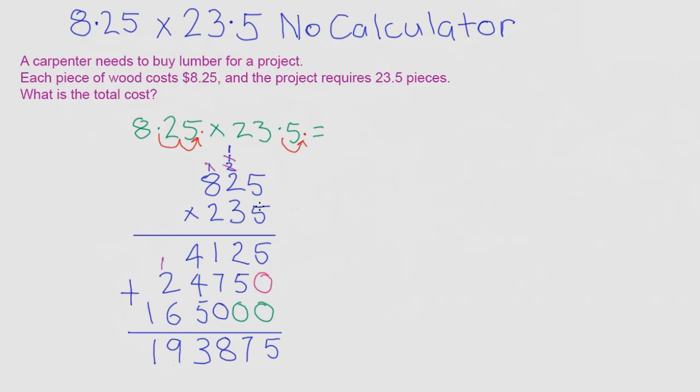So you're probably thinking, but what do we do with the decimals? So the trick is, here the decimals moved a total of 3 times. 1, 2, and 3.